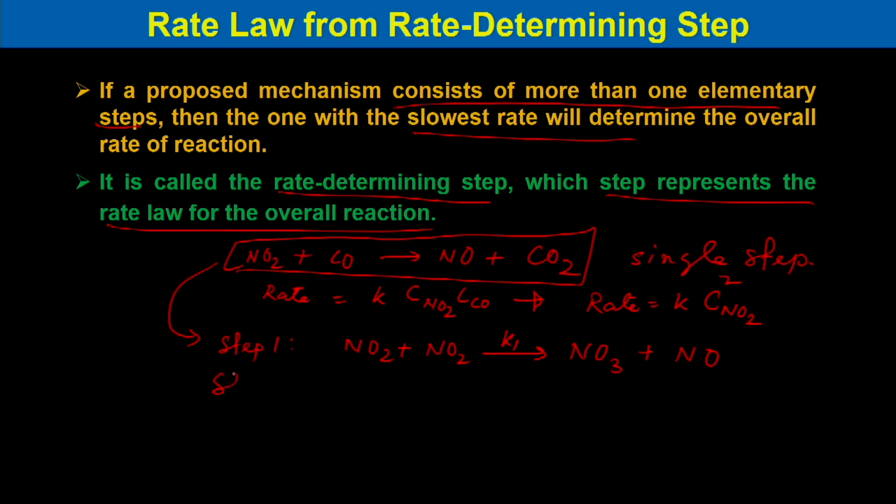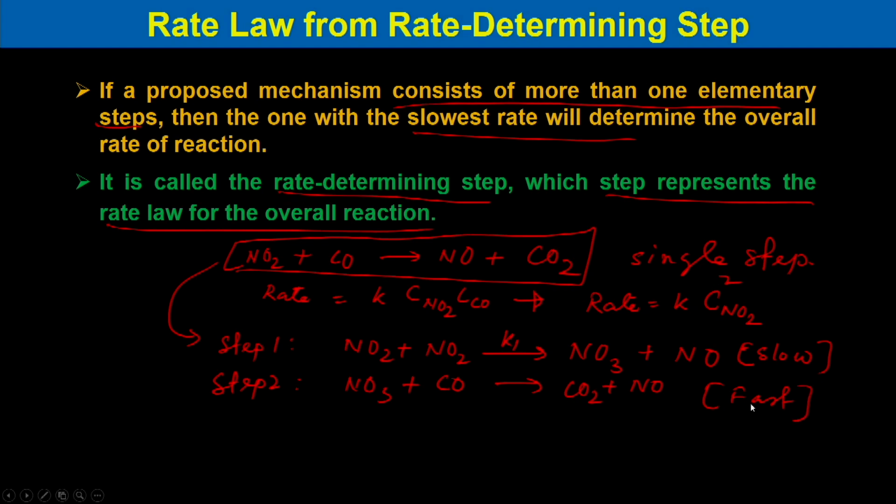And step 2: NO3 reacts with CO, forming CO2 plus NO. So, this reaction is actually slow and this reaction is fast.